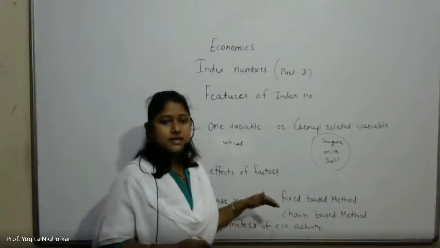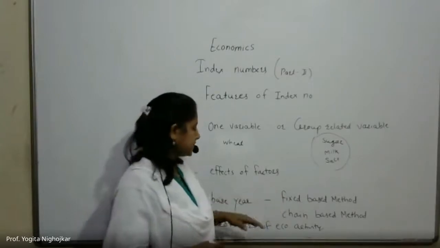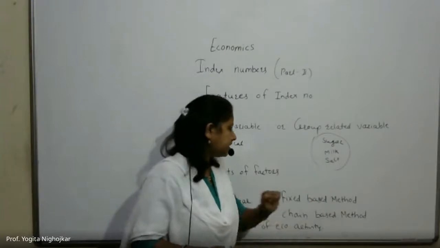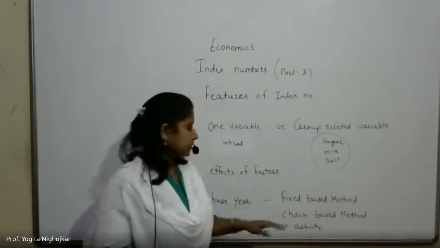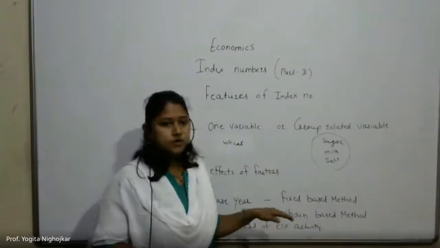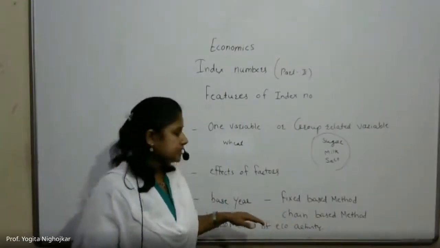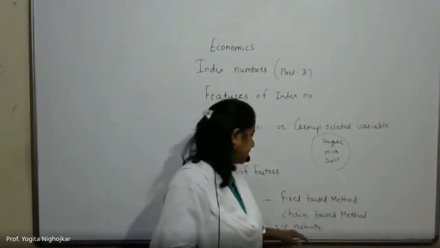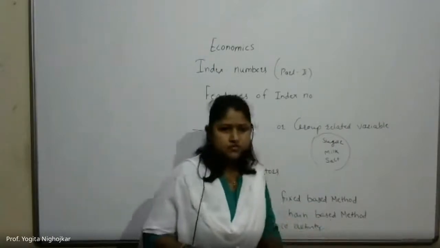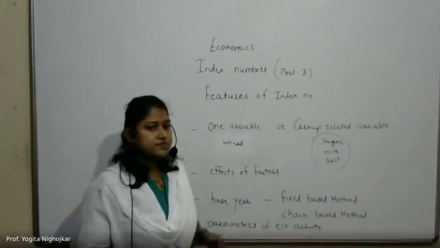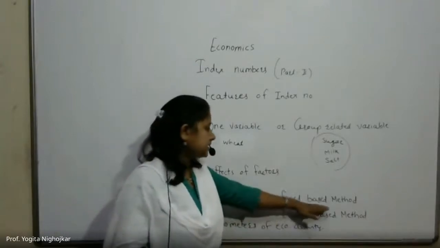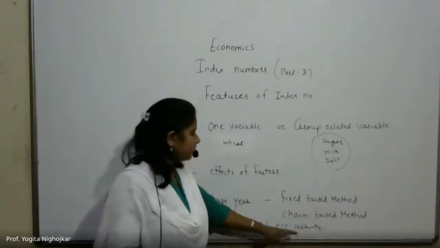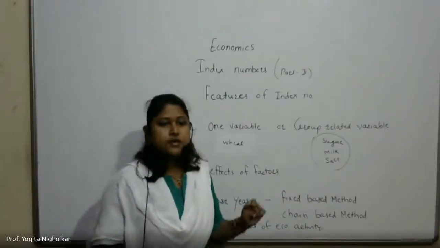So the base year can be selected in two ways, that are fixed base method and chain base method. What is fixed base method? In which the base year remains fixed. And what is chain base method?